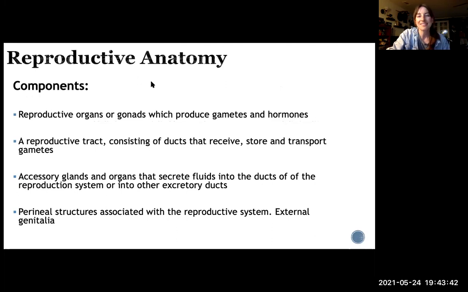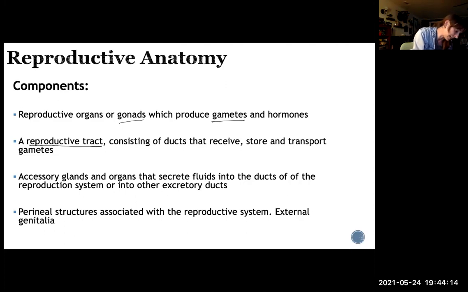The components of reproductive anatomy include, again, gonads, which produce gametes. We have a reproductive tract in both sexes, which is basically a system of tubes or passages that lead to the egg or the sperm, or from the inside to the outside, if you will. So a tract, basically like a pathway, okay?